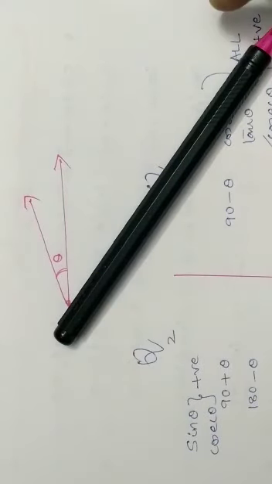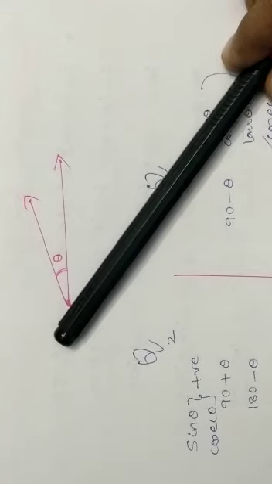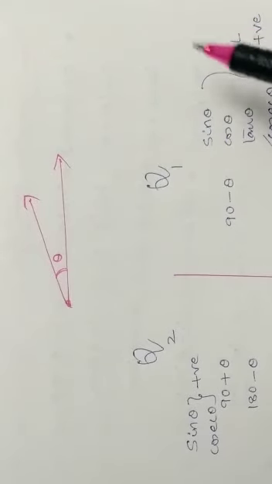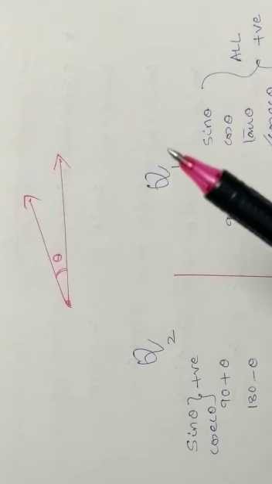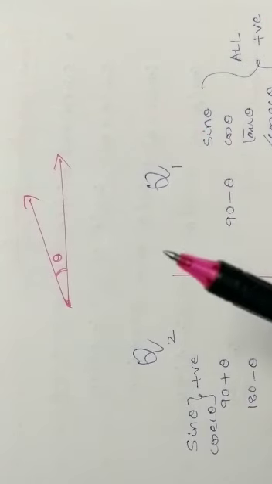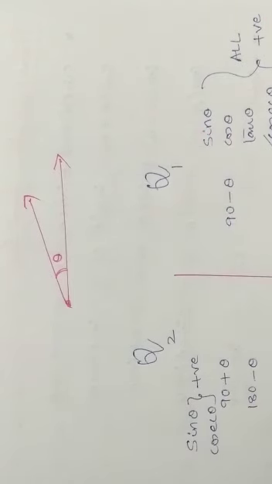You see movement in the clock. If you rotate the hands from 12, 11, 10, 9, 8 and so on, that rotation is called anti-clockwise rotation.